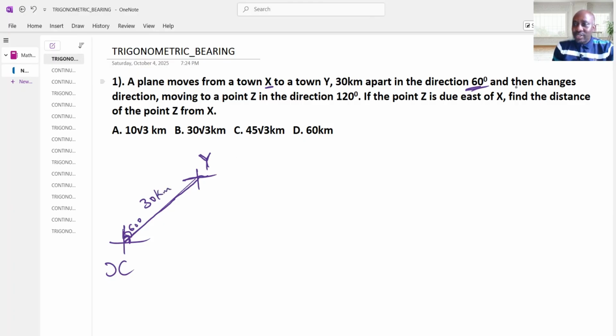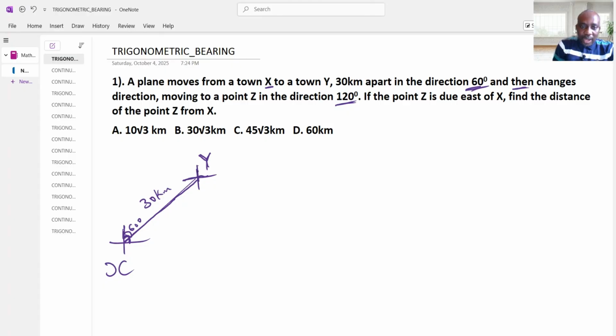And when the question says then change direction, it means that where it stopped, that's where it will begin the journey again. Yes, we will start from the point Y. It means moving in what direction? 120 degrees.